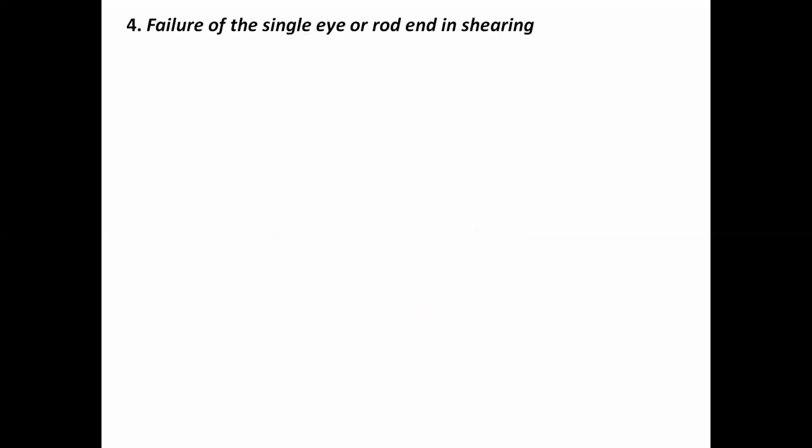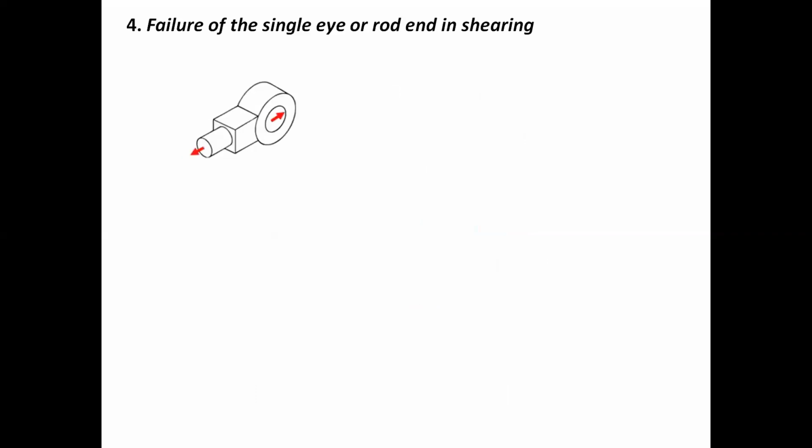If the single eye is under shear, what will happen to the single eye? Let us see. Now look at that particular figure and video. In that, the failure of single eye in shear is shown. The difference between tensile failure and shear failure is very simple.